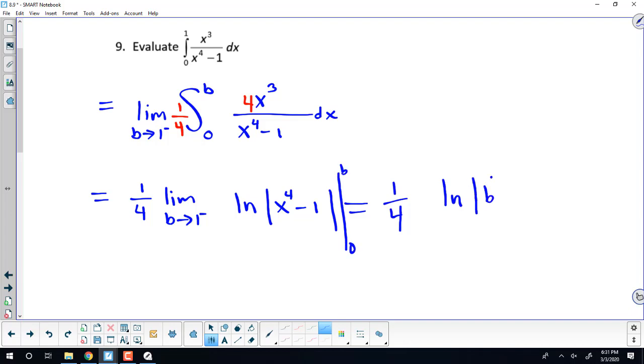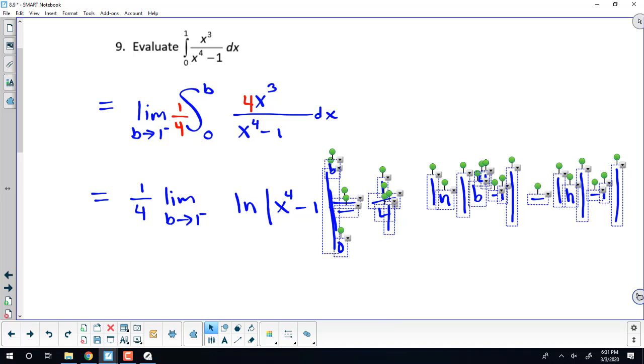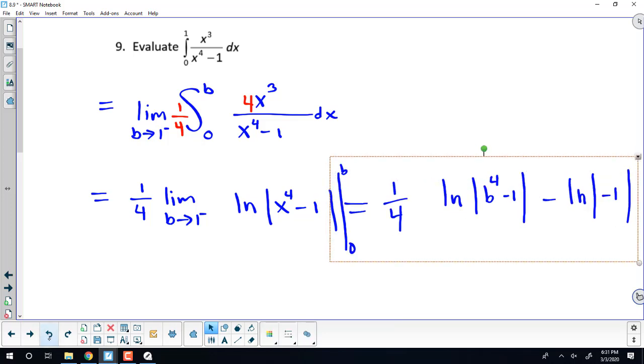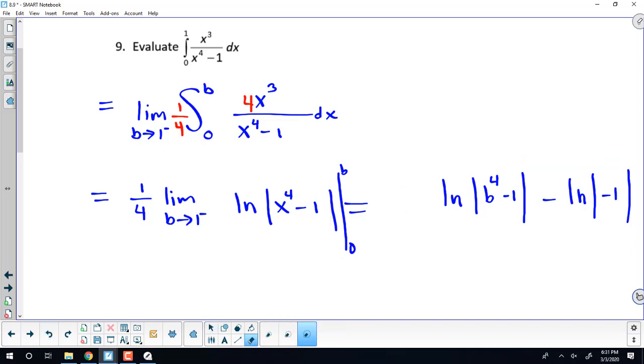So we have b to the 4th minus 1 minus ln of negative 1. All of that, and then we pull our constant out.